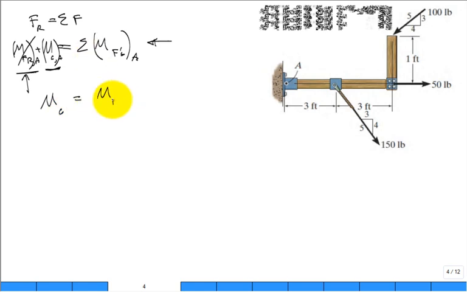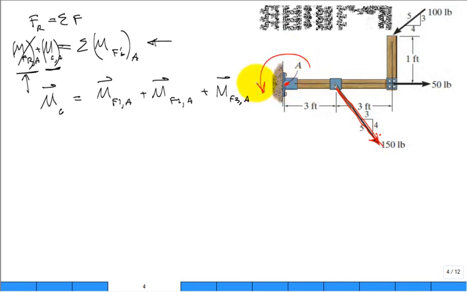Well, it's the moment of the force 1 about point A plus the moment that force 2 generates about point A and the moment that force 3 generates about point A. We know that these are all vector quantities, but because we're working in 2D, we can do a scalar analysis. I just have to worry, if I take a look at the third force right here, does F3 induce about point A a counterclockwise or a clockwise sense of rotation?